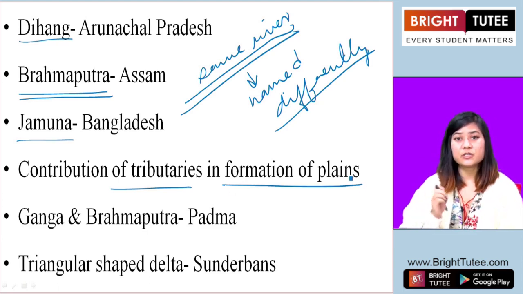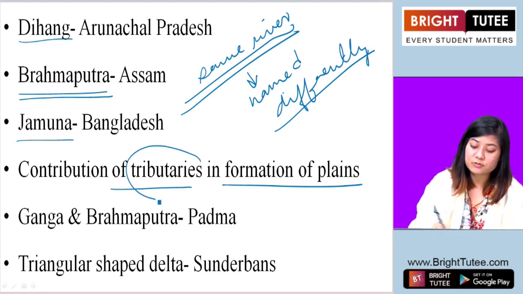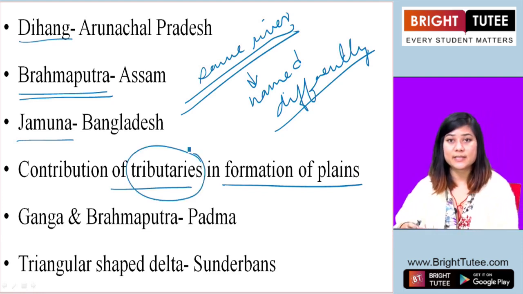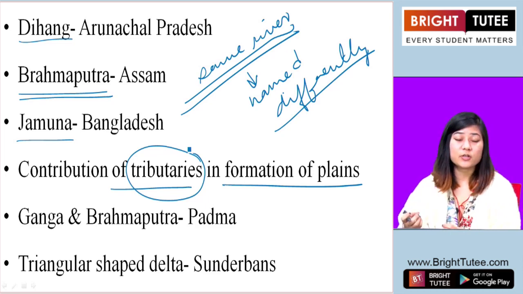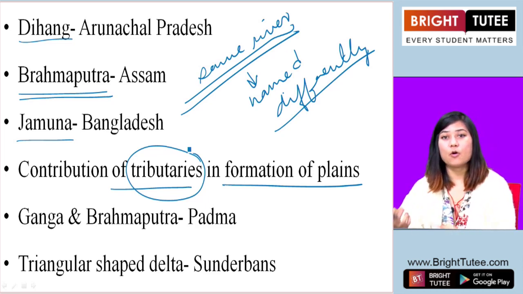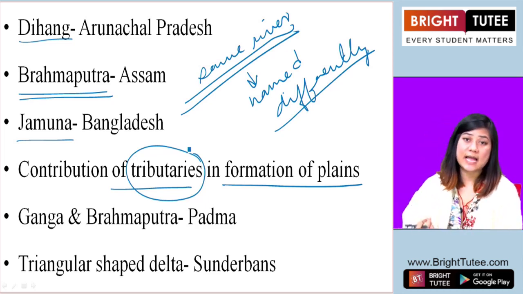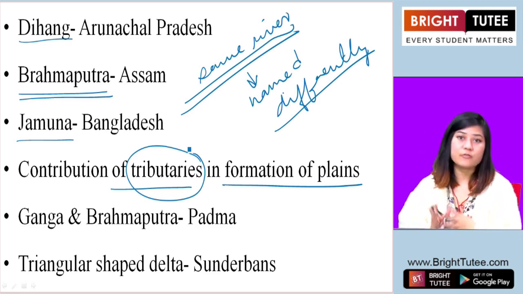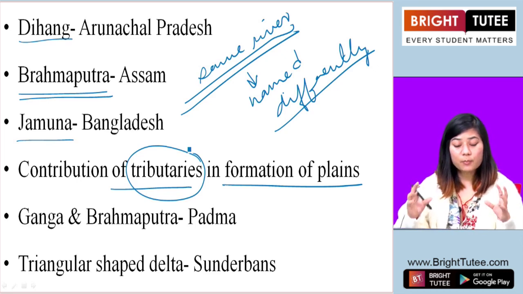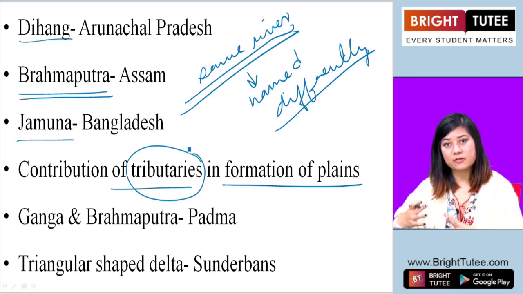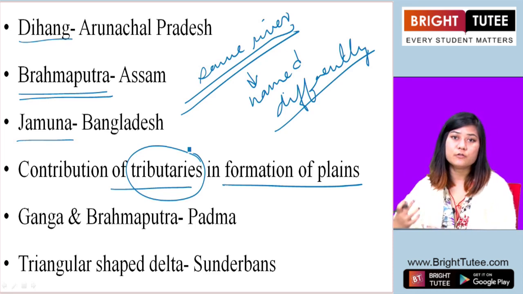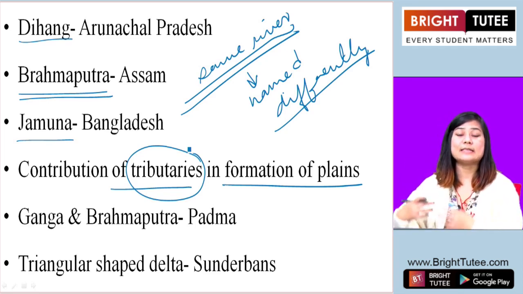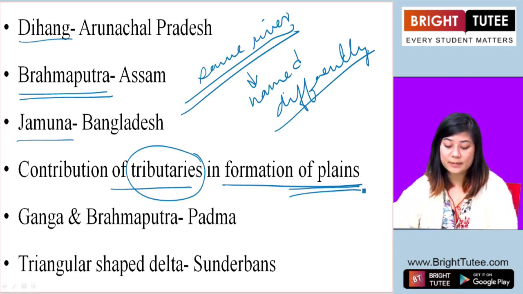So the tributaries also play an important role in the formation of plains, meaning in the deposit of clay, silt, sand, in the deposit of alluvium, just like the main river. So both the tributaries and the main river deposit alluvium over time, and that leads to the formation of plains.